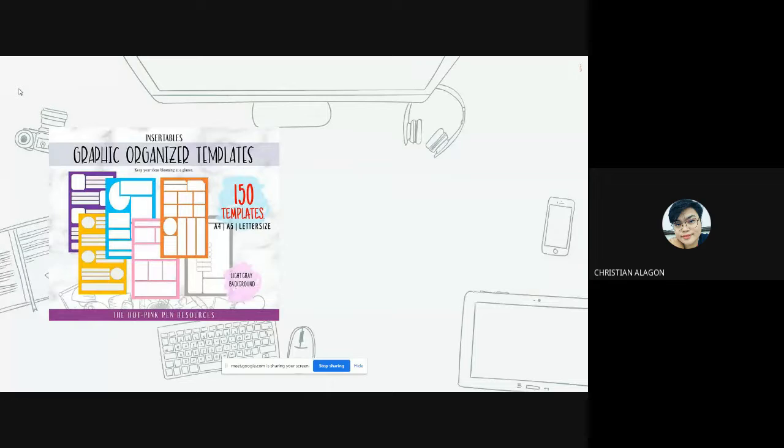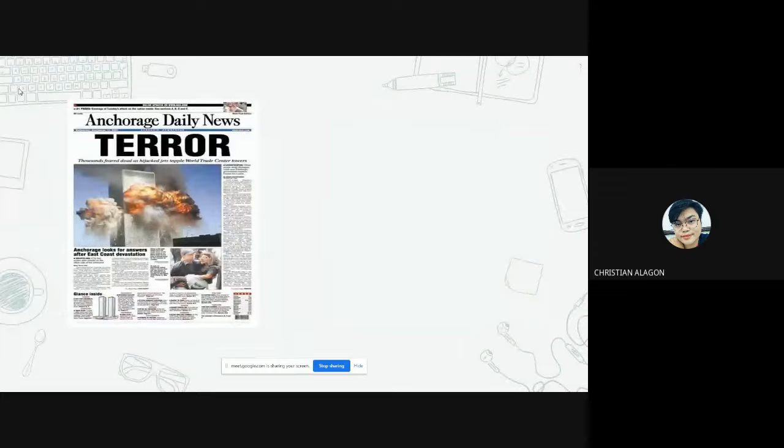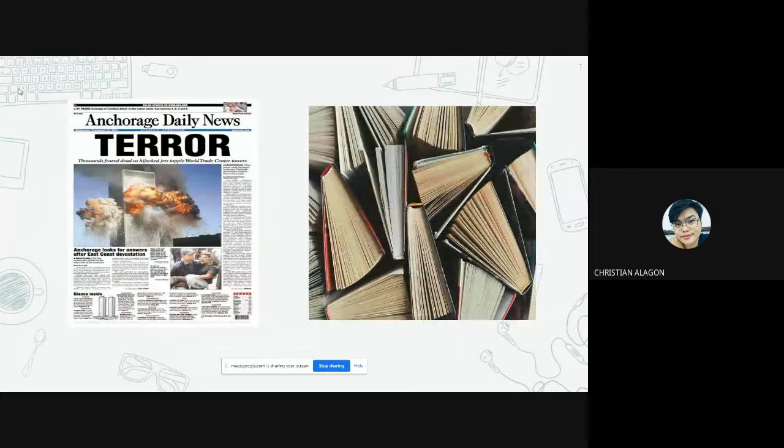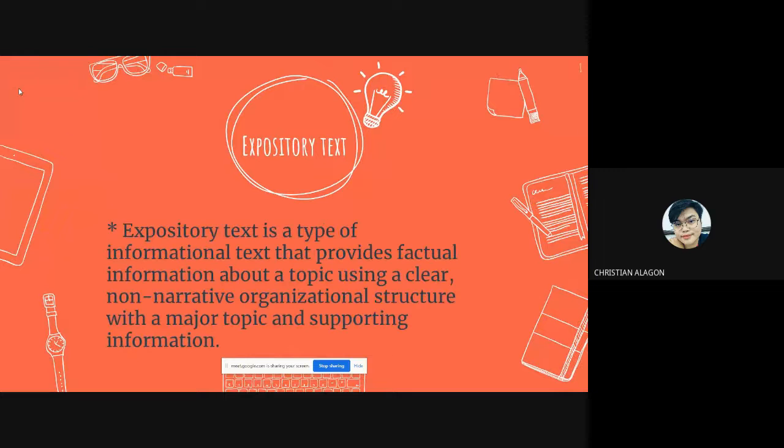What do you think our topic for today is? It might be graphic organizer, books, news articles. So, what is our topic for today? It's expository text. Expository text is a type of informational text that provides factual information about a topic using a clear, non-narrative organizational structure with a major topic and supporting information.